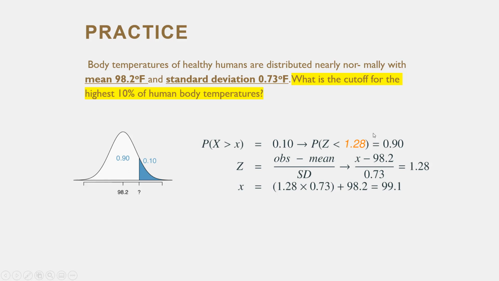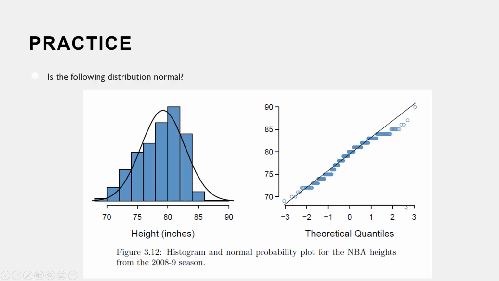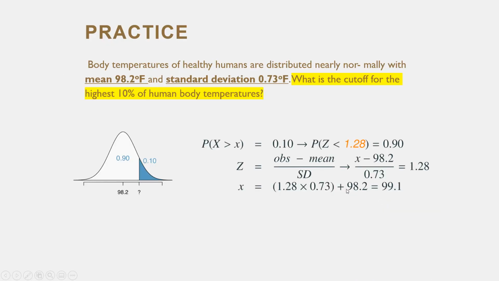Once you pay attention to that 0.90, you can use what you know from probability to calculate the rest. So basically this is what you did, right? You have the 0.10 and you know that all of this sums up to 1, then this one should be 0.90. So you find that 0.28, and that gives you an X of 99.1.